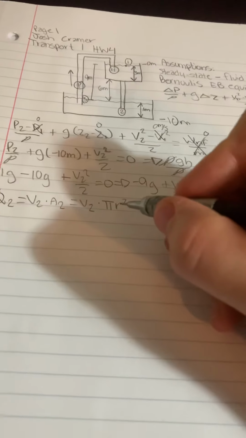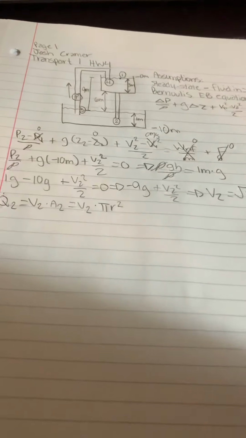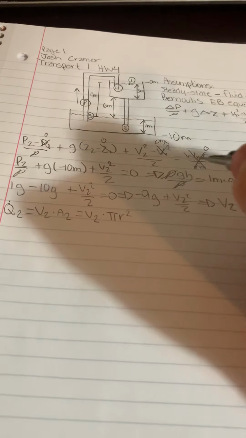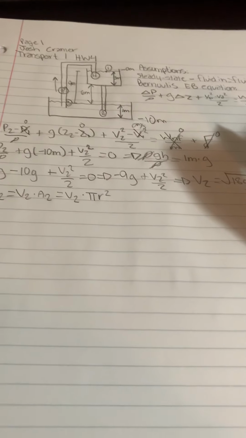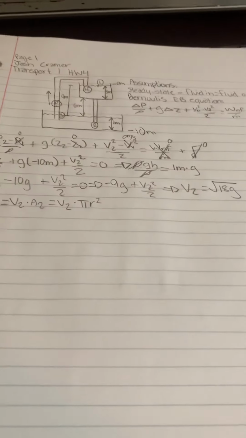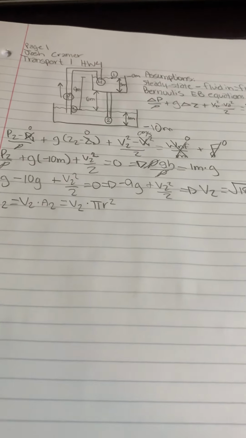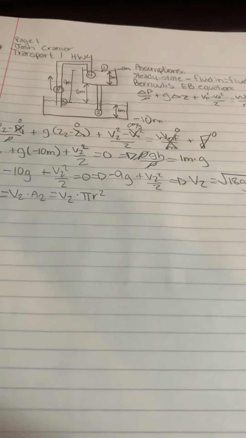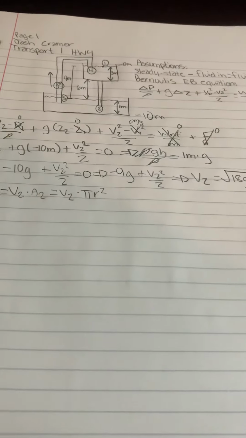And speaking of R, the equation gives us the diameter of the pipe, and by doing some dimensional analysis, you can determine that R is equal to 0.127 meters.